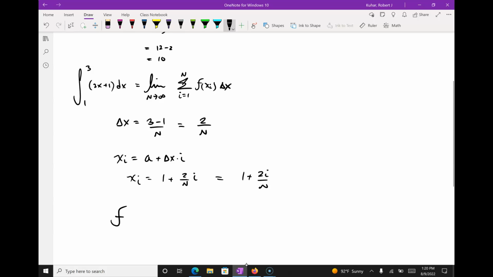I want to find f of x sub i. I didn't do that before because I had so few rectangles I could just tell you the height of the rectangle. But from now on, I want a general version of the function at x sub i. What was the function? It's 2x plus 1, right? But inside of there, I'm putting in my x sub i, 1 plus 2i over n.